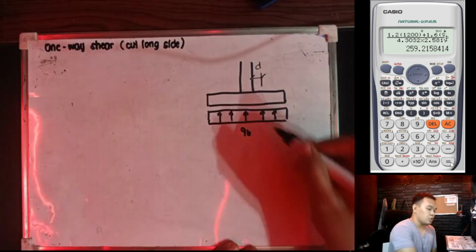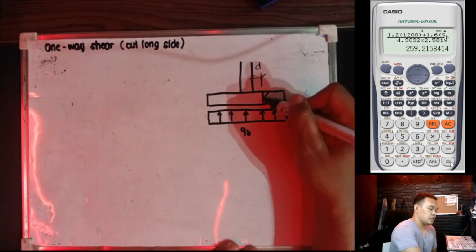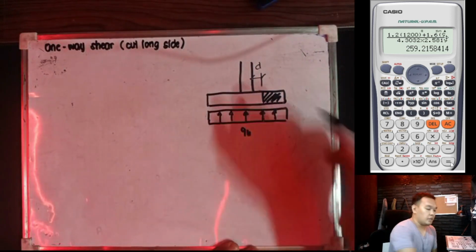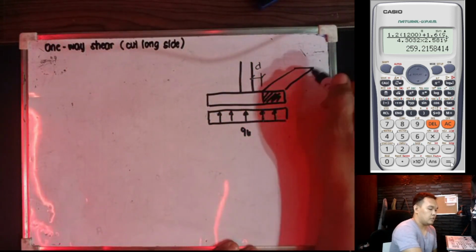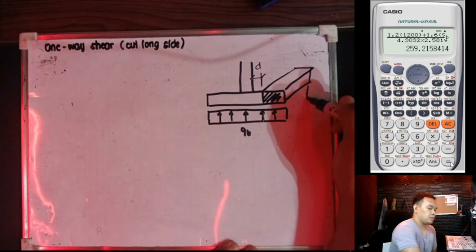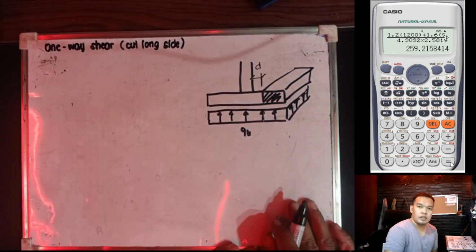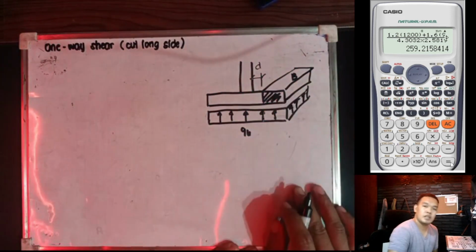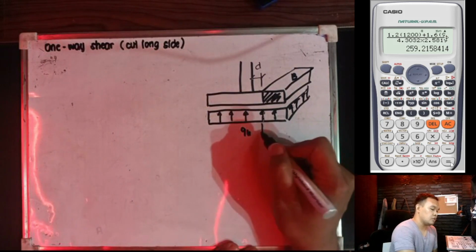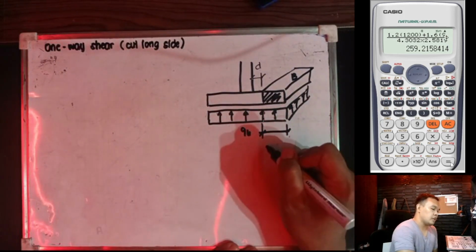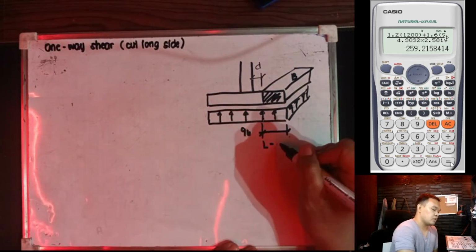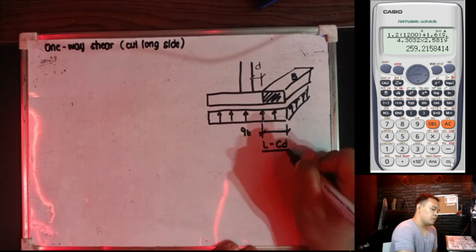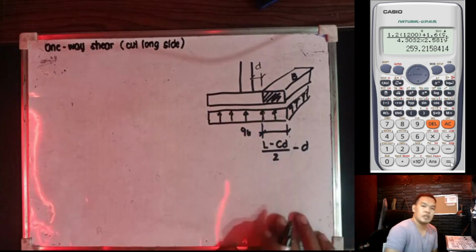Right? So this is it. If we cut that, can you see this? Then I also have the effective soil pressure here. Okay? So we have here this is equivalent to B. Then the distance here is equivalent to L minus column dimension all over 2 minus D.